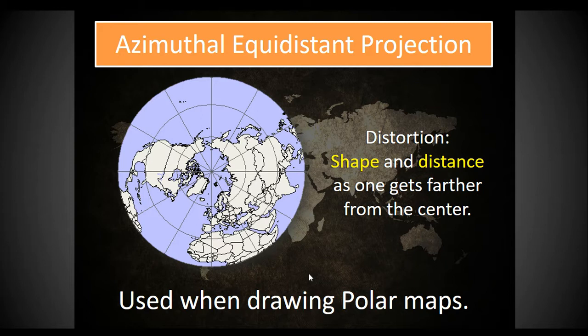It's going to preserve distance and direction at the center point, but after that, distance is definitely going to be lost there. So some of your issues with distortion here are definitely going to be the shape, but more importantly, the distance is going to change the further you get from that central point, looking down at this polar azimuthal projection.